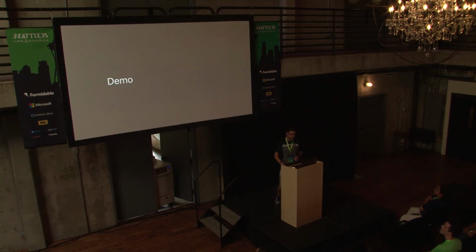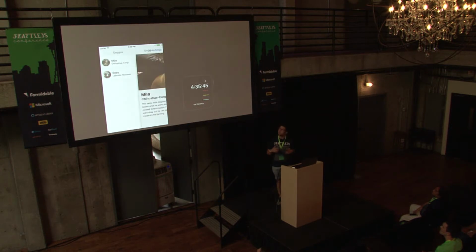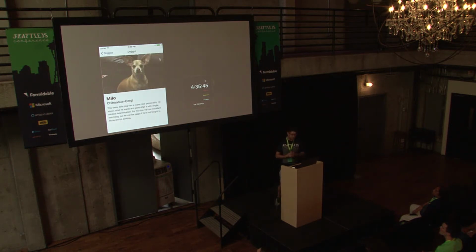Now, I have some demo videos, some screencasts of this working. So let's say on the left on our iPhone, we have a React Native app, fully JavaScript React Native. As you can see, we have a list, and then when we select an item, we get a dog.